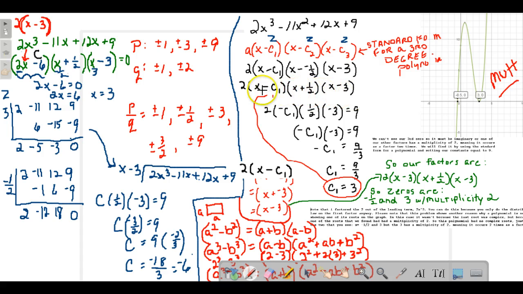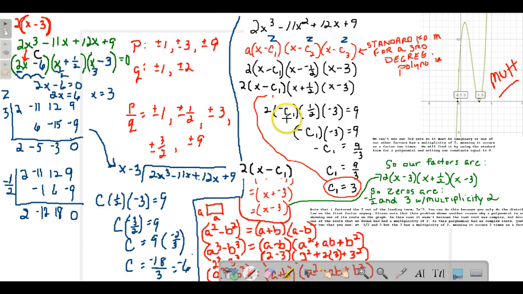So if we're going to use these factors, like we did over here, we used the actual factors. When we use the constants for those factors, we have to include this 2 on the outside. So now to solve for this C1 here, our equation becomes 2 times this constant here, and this constant is a -C1.